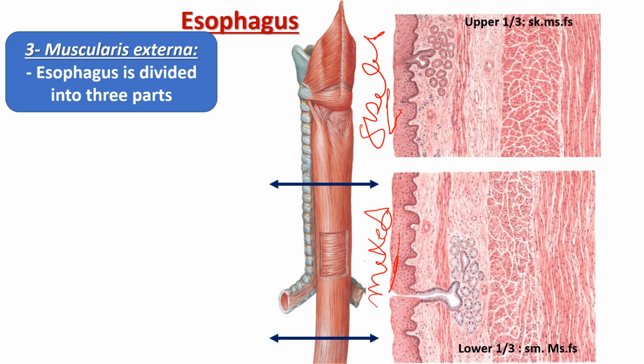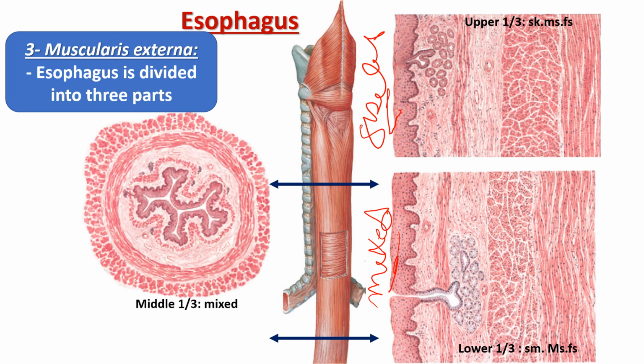Middle part will be formed of mixed, while lower part will be purely smooth muscle fiber. Okay? So middle third will be combined between skeletal and smooth. What about the upper one? The upper one will be purely skeletal muscle fiber. The lower one will be purely smooth muscle fiber, and the lower third becomes completely involuntary muscle fiber.